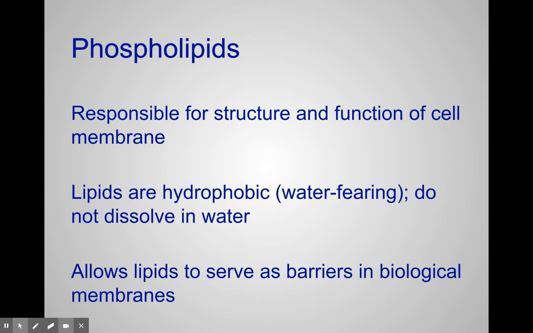That characteristic is important because it allows lipids to serve as barriers in biological membranes, right? So when we're talking about the coating of a beehive or the coating of a plant, the fact that it's hydrophobic is important because it serves as a barrier. Because it's not dissolvable in water, water is not going to affect that plant.